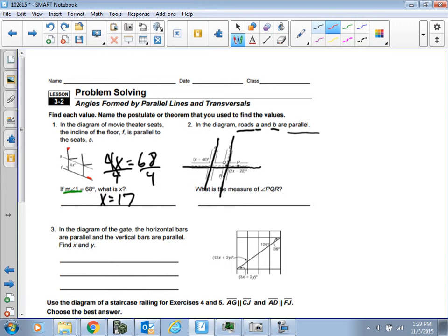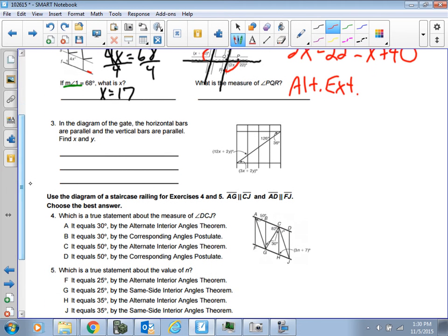So if they're alternate exterior angles, we have 2x minus 22 equals x plus 40. I'm not going to go through and solve that. You should be able to solve that. But the key is that this angle and this angle are alternate exterior, which makes them congruent or equal. So you can set them equal to one another and solve for x. Let's do the next one.